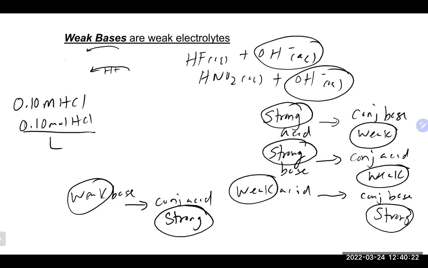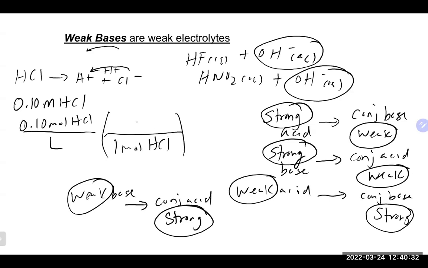And as we talked about, the HCl breaks apart into H plus and Cl minus, which means if we did stoichiometry, 1 mole of HCl gives us 1 mole of H plus. The moles of HCl cancel. We're basically multiplying by 1 in this case, right? And we end up with 0.1 moles per liter of just H plus.